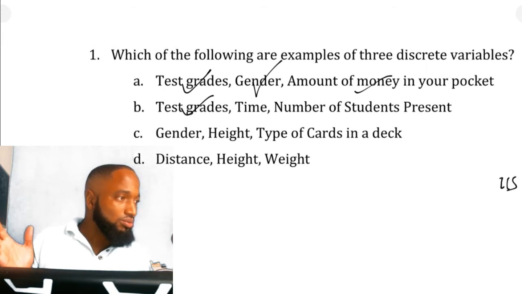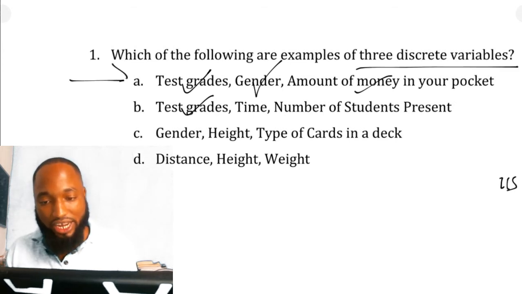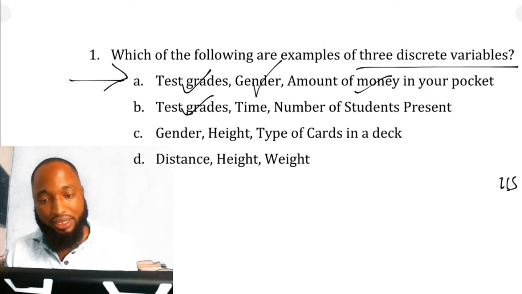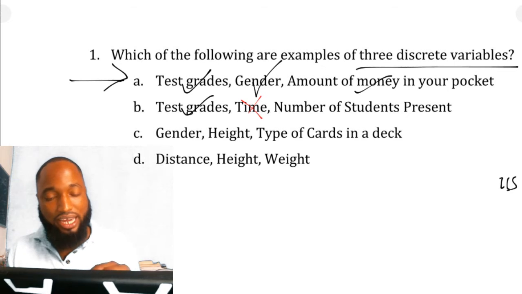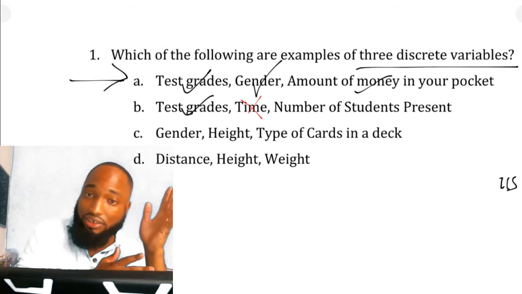Is it good now? Nice. So, which of the following examples are discrete variables? We already established that the answer looks like A. The number of students present. Is that discrete?